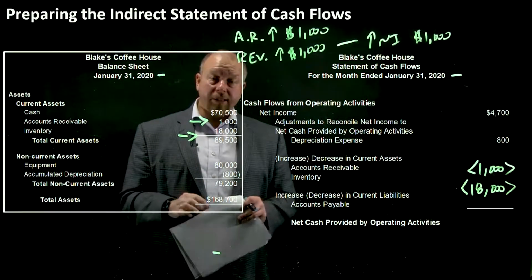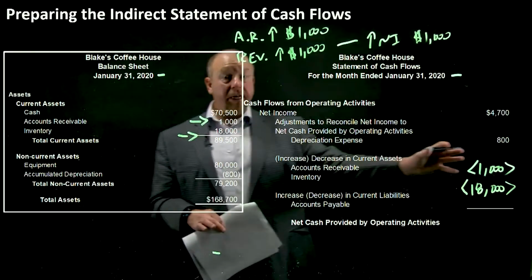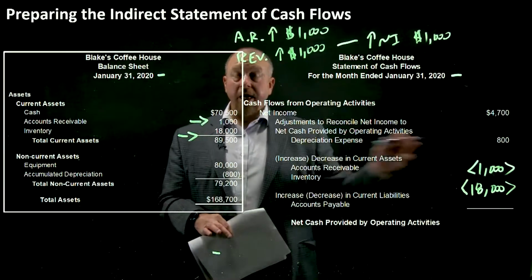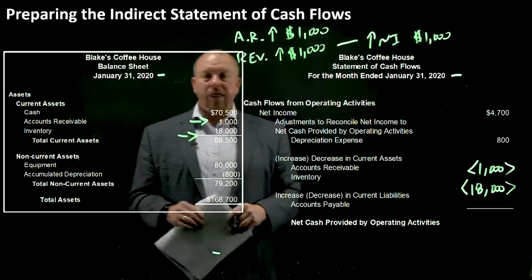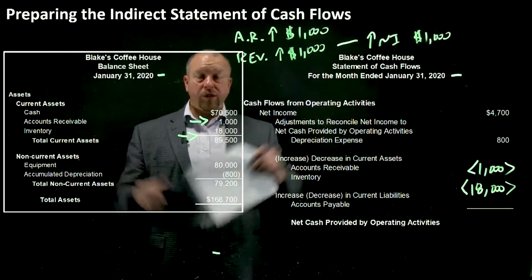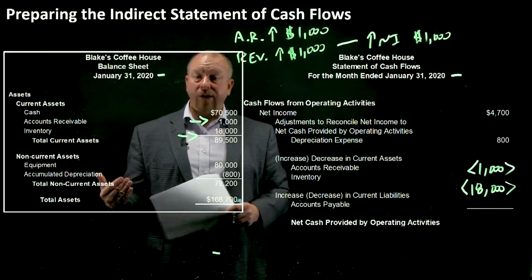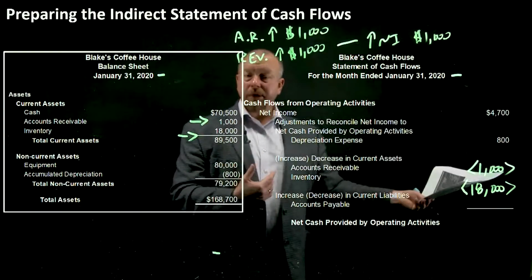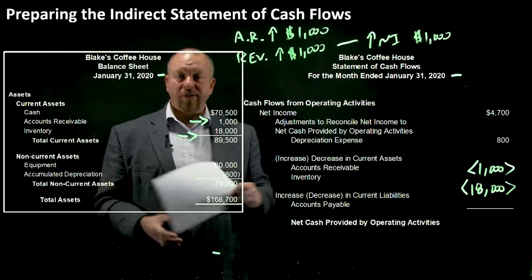Now the reality is this, if a current asset decreases, then you're actually going to add that back, okay? What I'd like to say about that is this. Let's pretend you had a situation where in the first year, you record this revenue and the accounts receivable goes up. Well, that did not affect cash flow. Let's say that in the second period, you didn't do anything except collect this receivable.